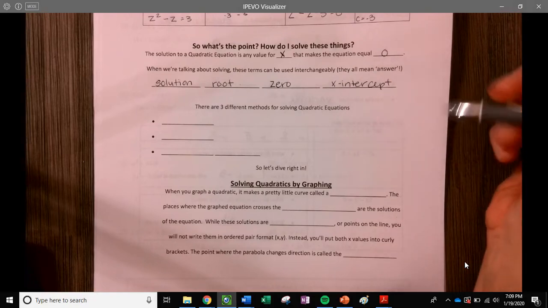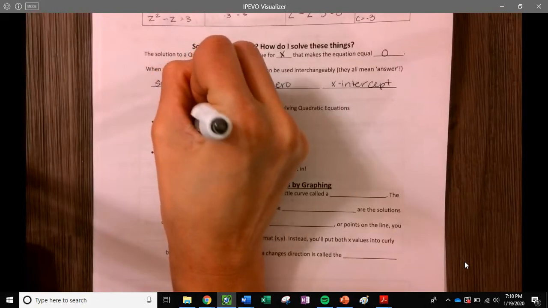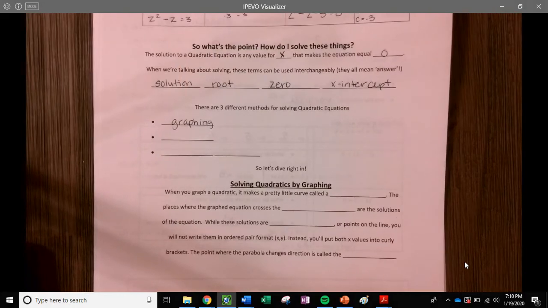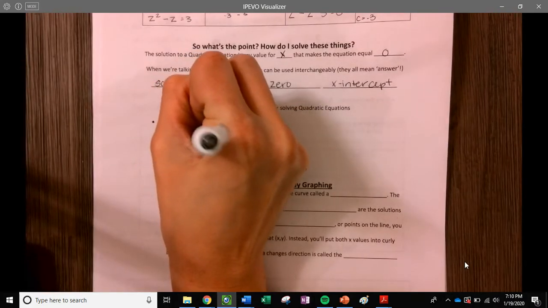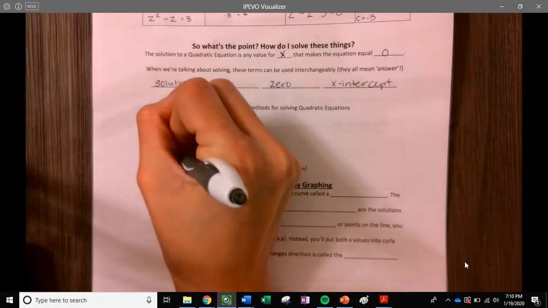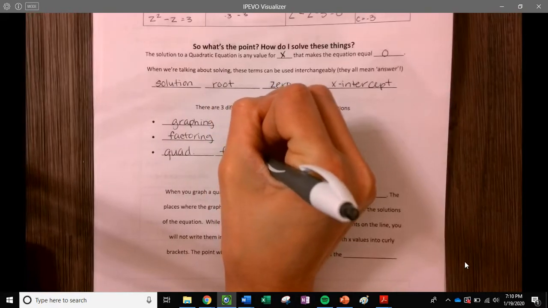And there are 3 different methods for solving quadratic equations. There's graphing, arguably the easiest, but it is going to work the least amount of the time. And as soon as we talk about graphing, you will understand exactly what I mean by that. Then factoring, again, not going to work every time. And the quadratic formula.